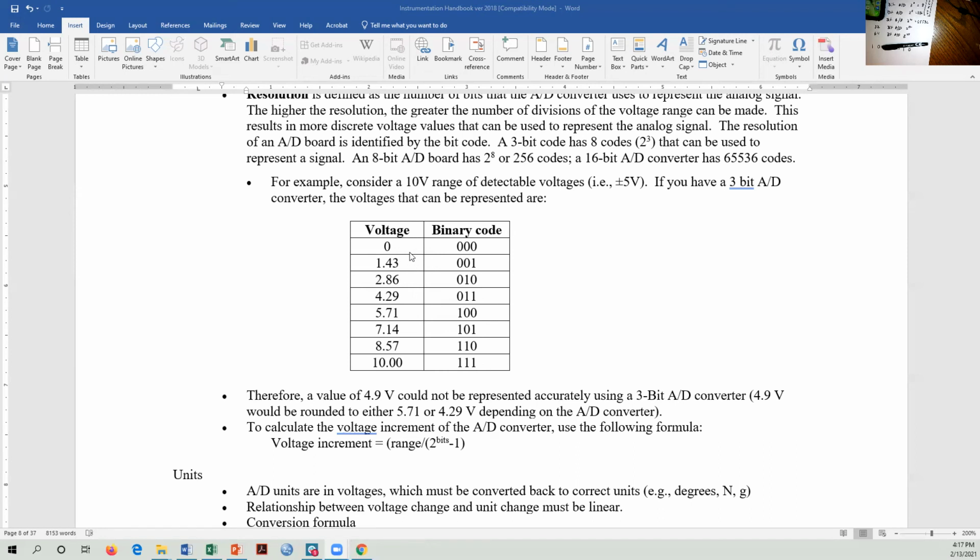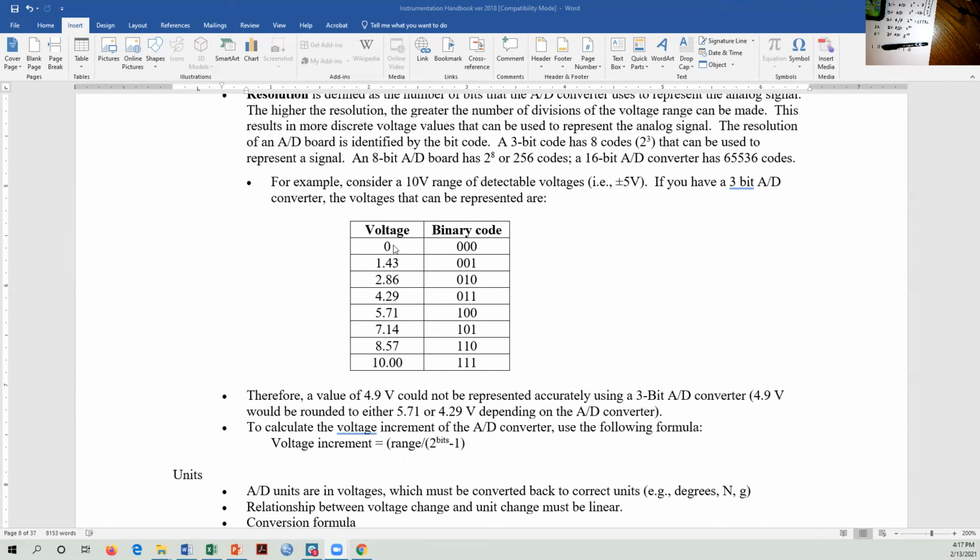And when we have a 64-bit A to D board, we have really small voltage increments. So now we're getting closer to being able to detect really fine changes in the continuous time function. It's still not perfect, but that's the A to D board.